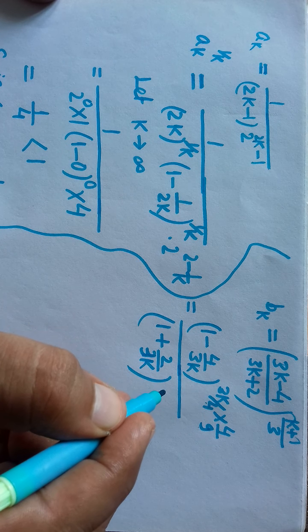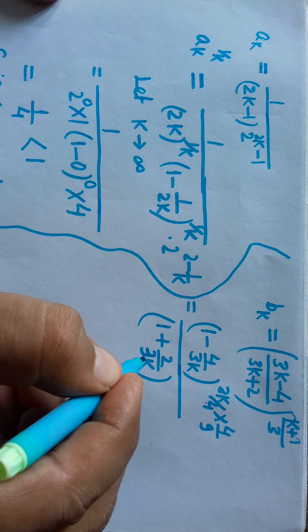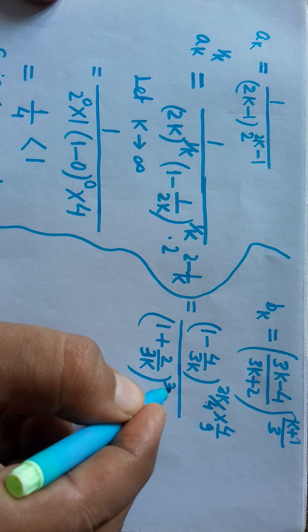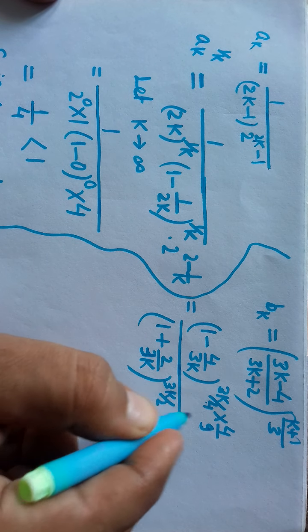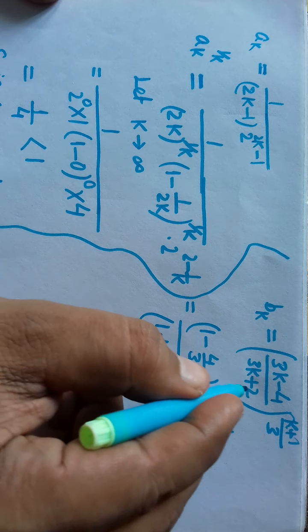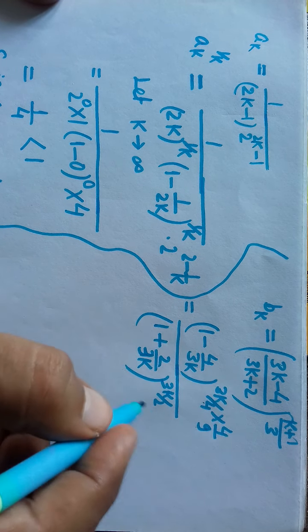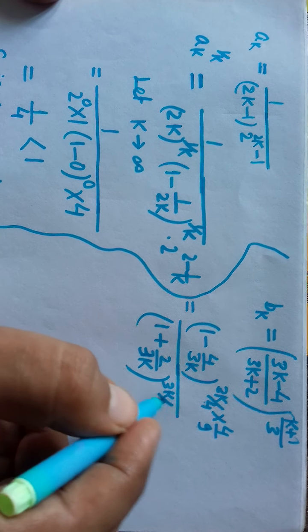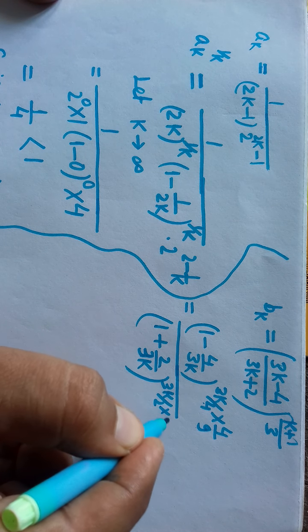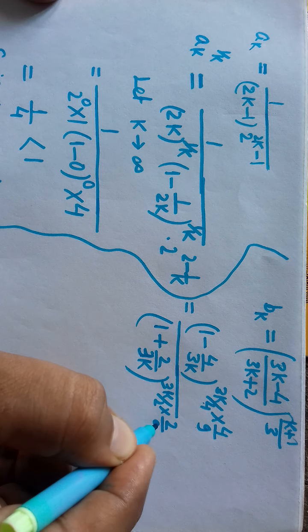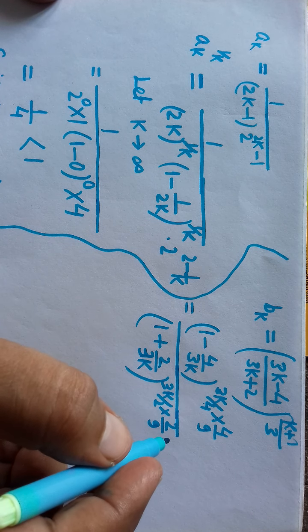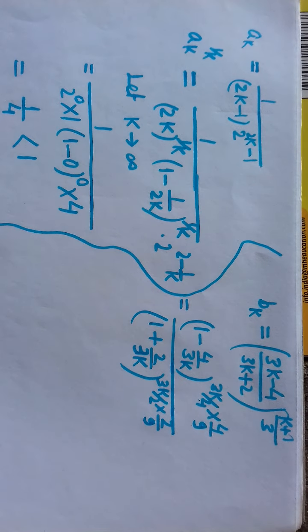In the same way we do here. Here you see 2 by 3k, we put 3k by 2, and also k by 3 is for the denominator, so we have to put here k by 3. So here we write 2 by 9. Now there is one more factor.